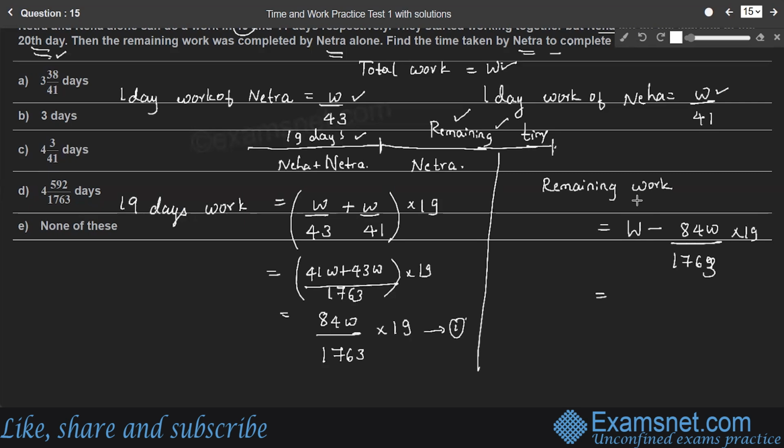The LCM is again 1763 and the numerators become 1763W minus 84 into 19. You will get 84 into 19 as 1615. Sorry, not 1600.